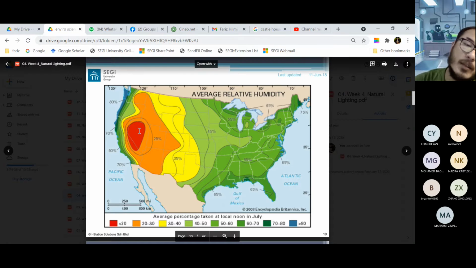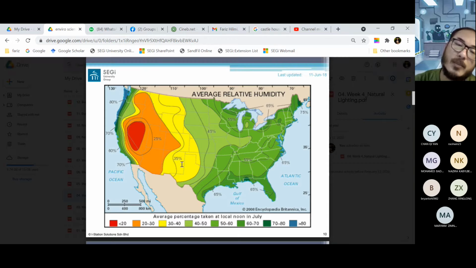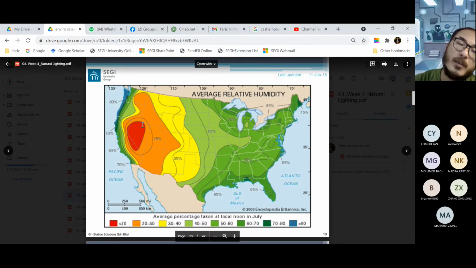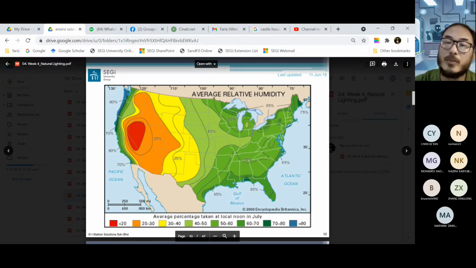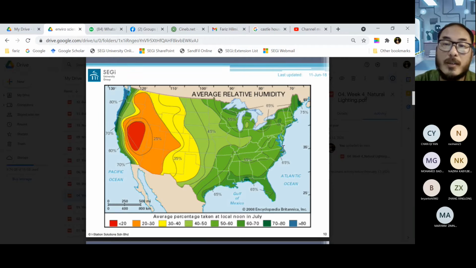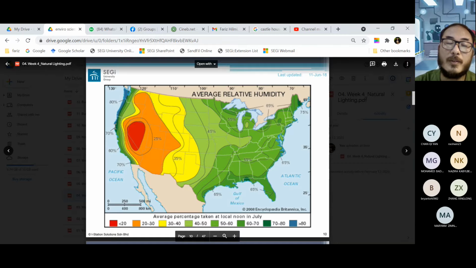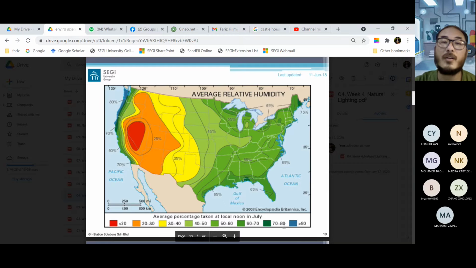Why is it lower compared to this one? It's because this is at a higher altitude. And then much nearer to the sea, you can see that the color changes to between 50 to 70% humidity. And the one facing the seashores is already 80% humidity.